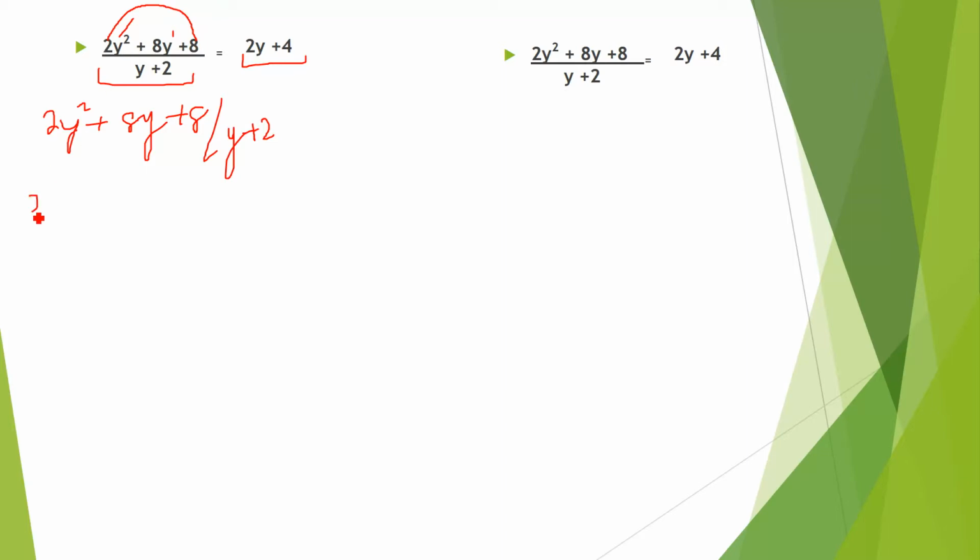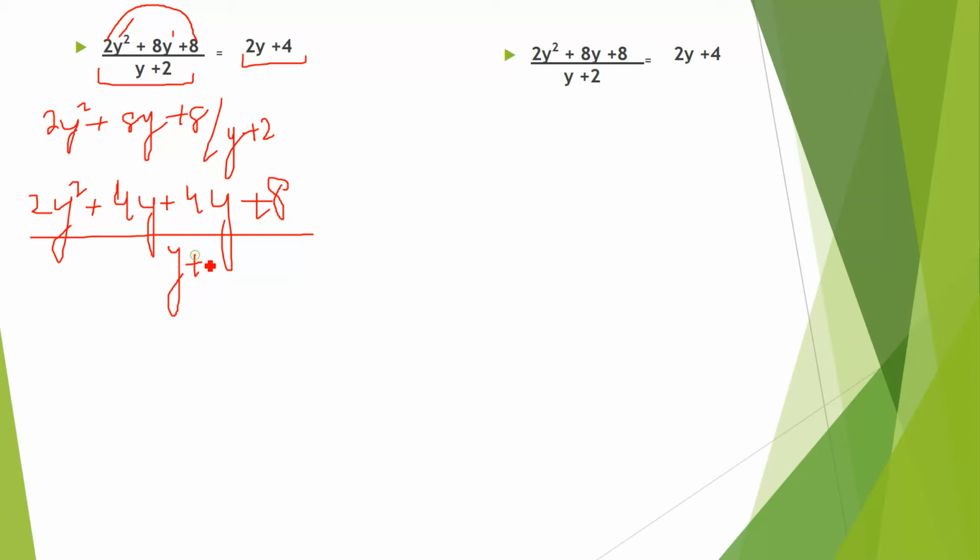So here I will write down 2y square, and you have to break down 8y, not the first term, the second term: 4y plus 4y plus 8. And then divided by, do not forget that we have the denominator as well, y plus 2.